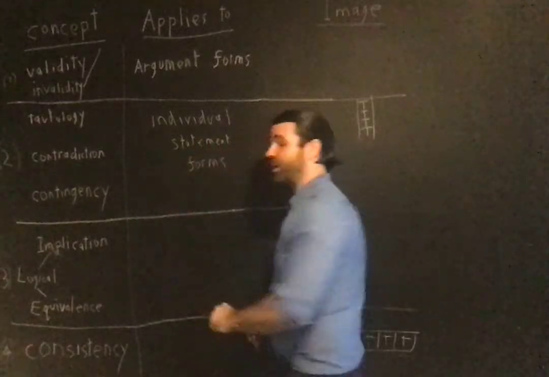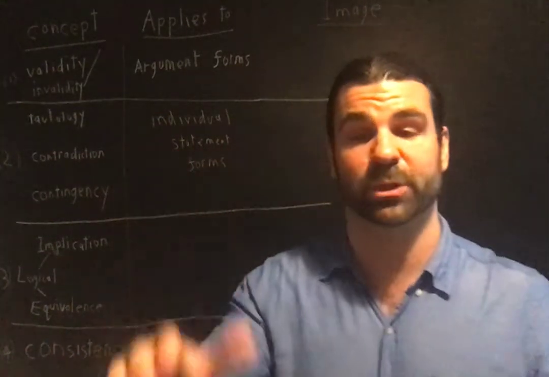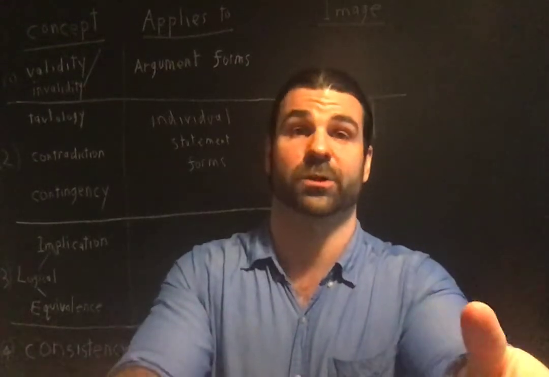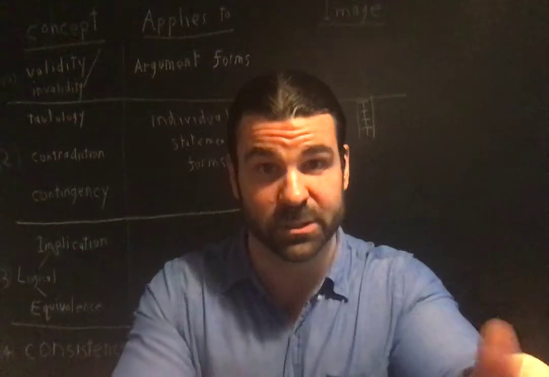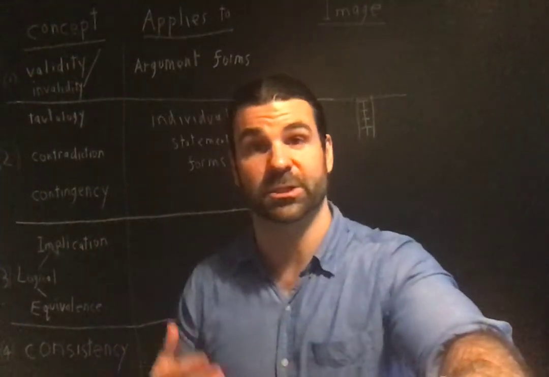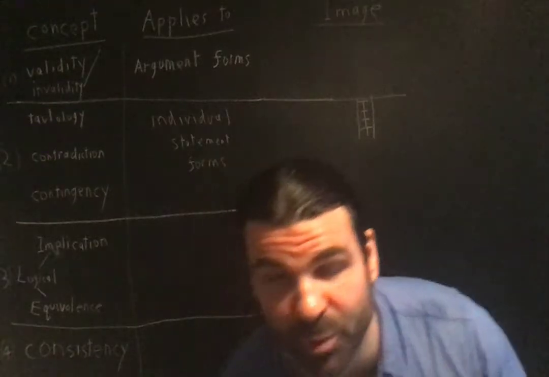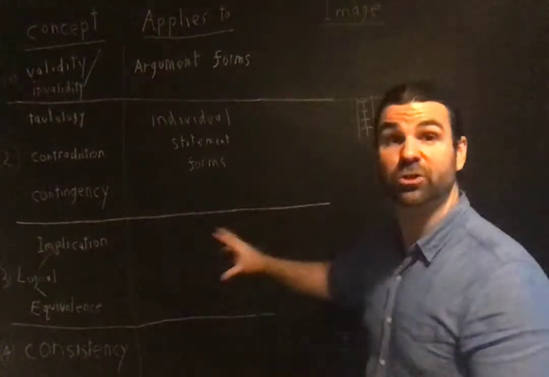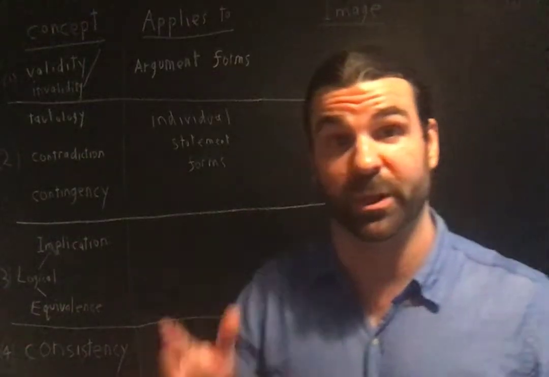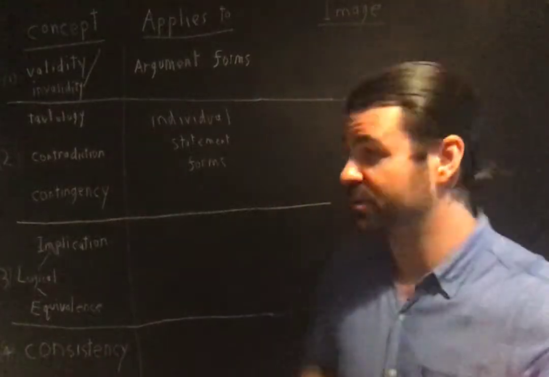Now, what I recommend is, you already have some kind of intuitive understanding of what a tautology is, certainly of what a contradiction is, also of what a contingency is. You can rely on those to remember what each of these concepts are, but what we are giving for them now is specifically truth table definitions for these concepts.